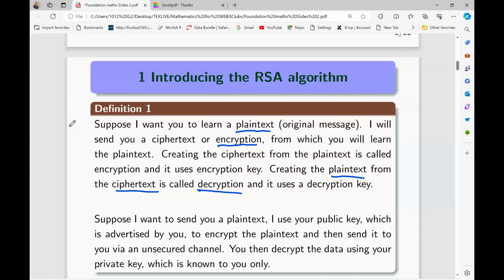So suppose I want to send you a plain text. I had already said that I'll encrypt this, and so I'll be using some keys. The keys I'll be using, it's you who gives those keys to me. They're not mine. Because we are using RSA, the person that is receiving the communication is the one that comes up with the keys, and we call those the public keys and the private keys.